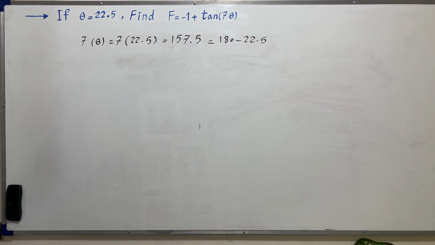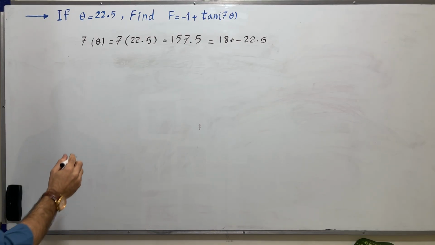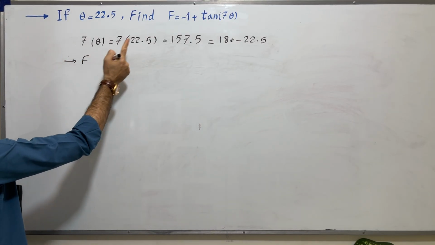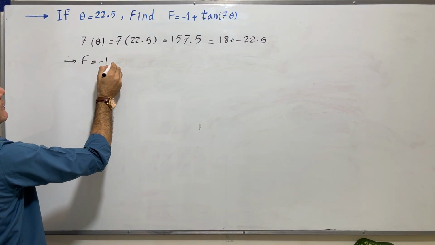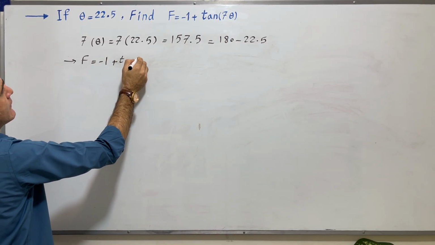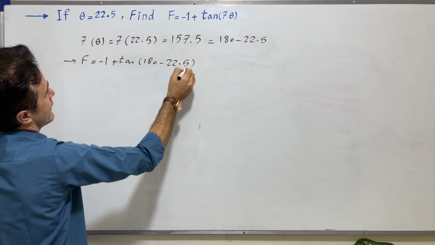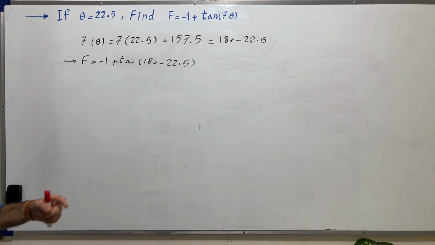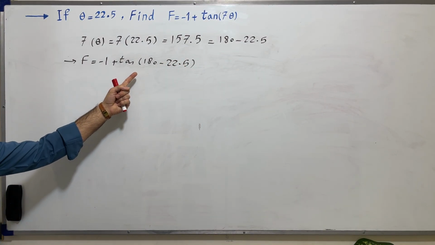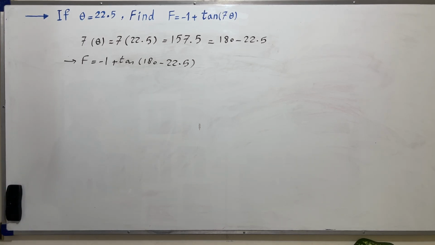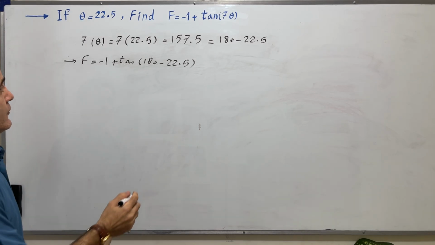Now by substituting this value into f, therefore f equals minus 1 plus tangent of 180 minus 22.5. This term can be written as minus tangent 22.5.